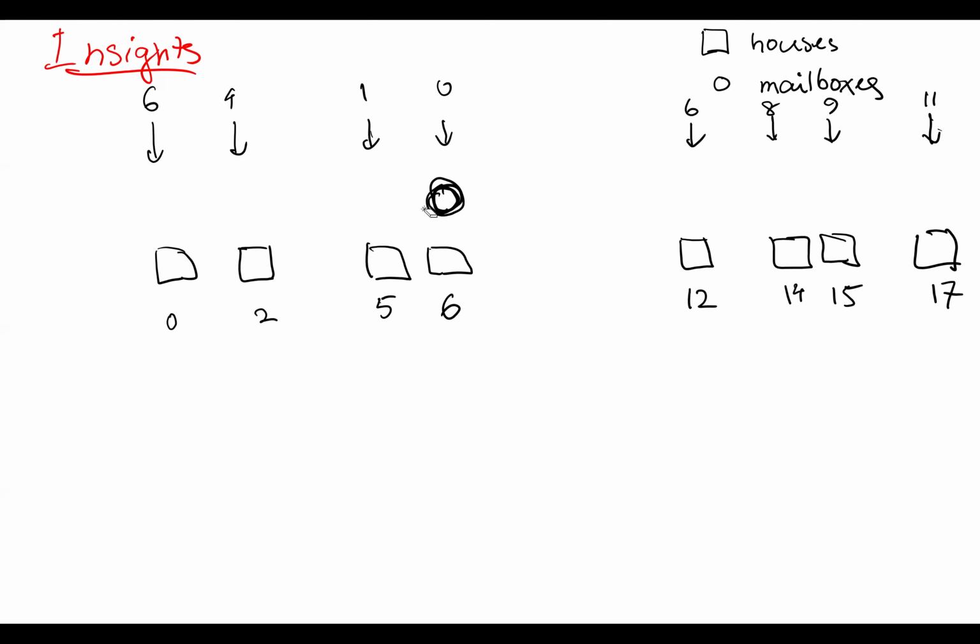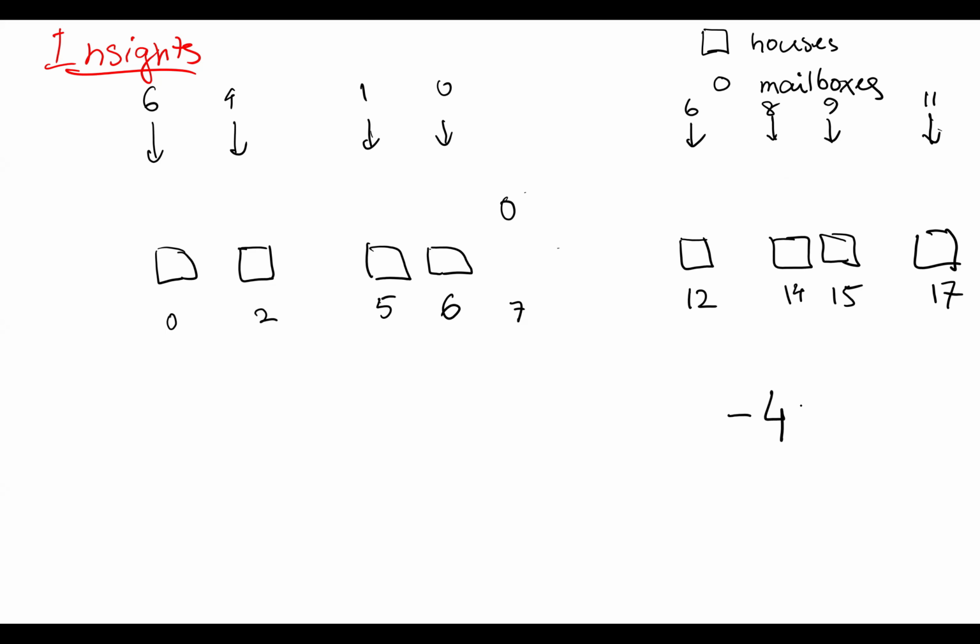Now let's say I put the mailbox instead in a different position. Instead of the middle, let's just move it one place. So if I put the mailbox here at 7, how much do we gain? You see that this mailbox is now nearer to all these houses, so the distance is minimized by 4.